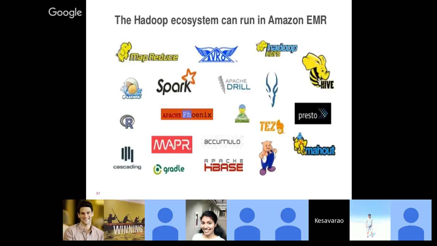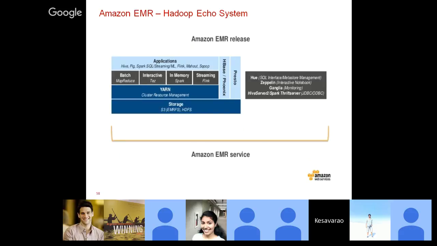Underlying all these things, whatever you see, MapReduce, HDFS, Spark, HBase, Presto, Hive, Impala, Tez, Mahout, anything you're seeing, they're all Apache Foundation frameworks. All these are just being used by Amazon EMR, just like any other tools, Cloudera or Hortonworks. Okay, so this is the real ecosystem for Amazon EMR.